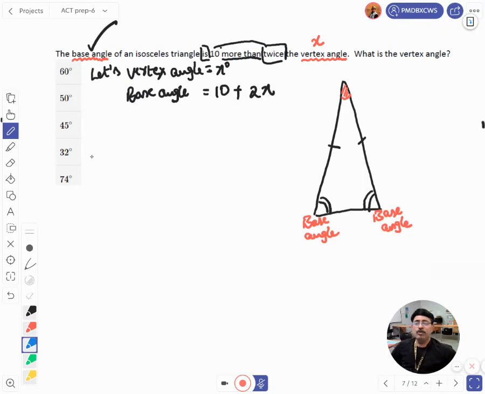Again, I'm going to use this rule, which is the sum of three angles. The sum of three angles of a triangle is always 180 degrees.